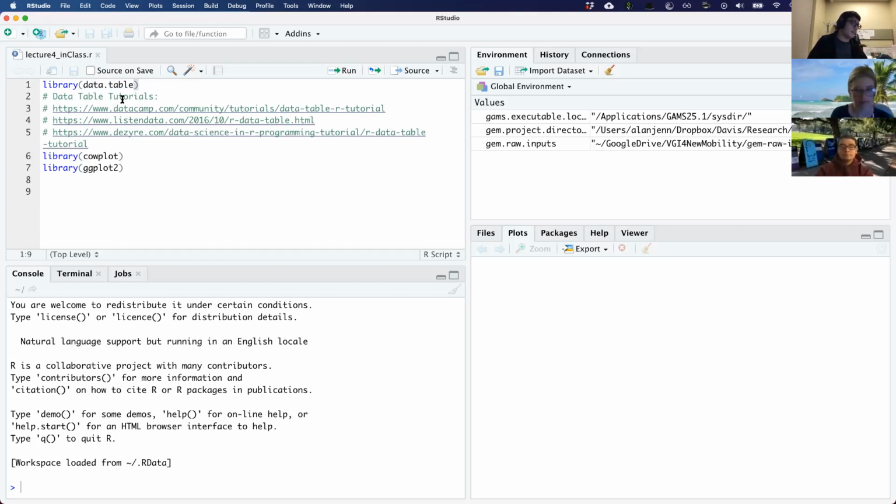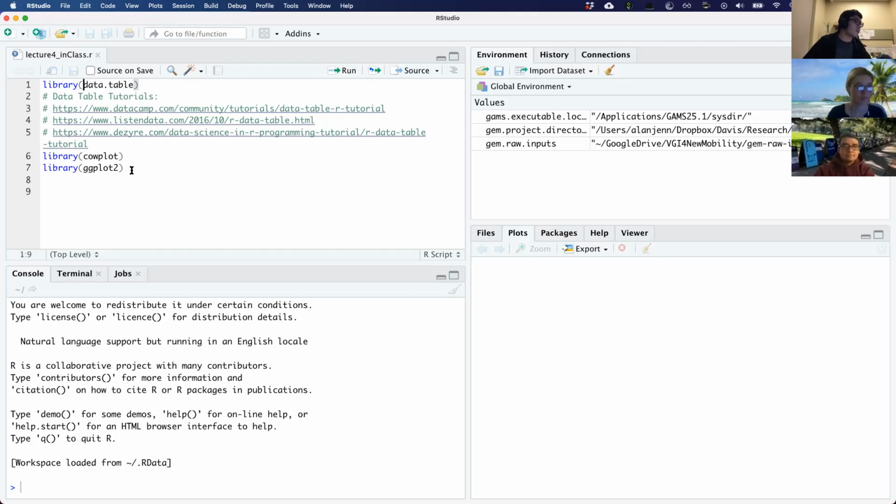So there are certain external packages that you can install that enable you to use functions and functionality that other folks have built.